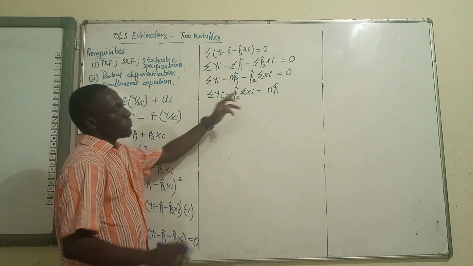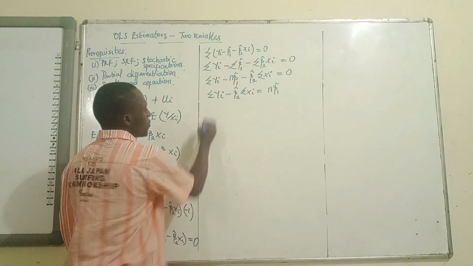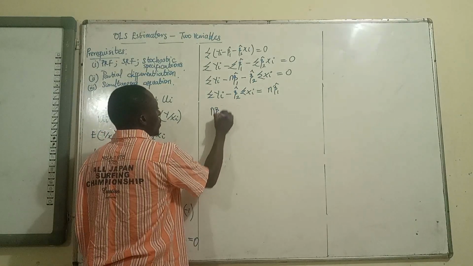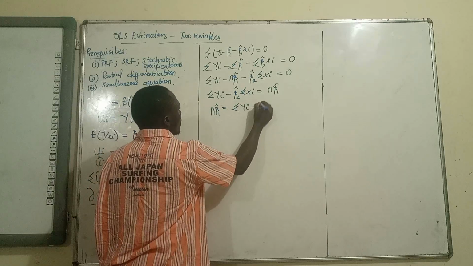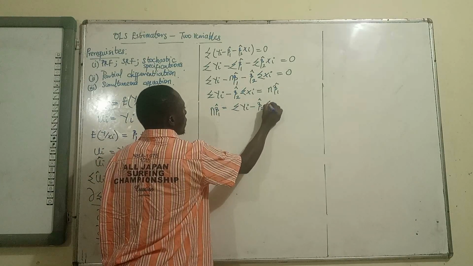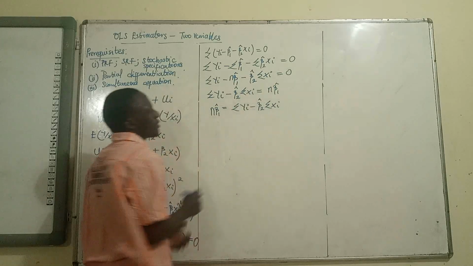So the goal here is to find beta 1 cap. So n beta 1 cap is also the same thing as summation yi minus beta 2 cap summation xi.